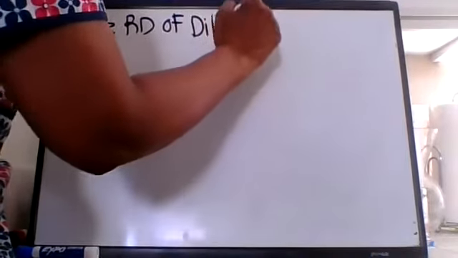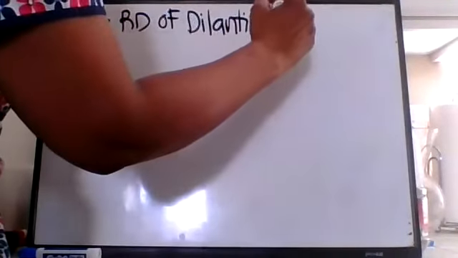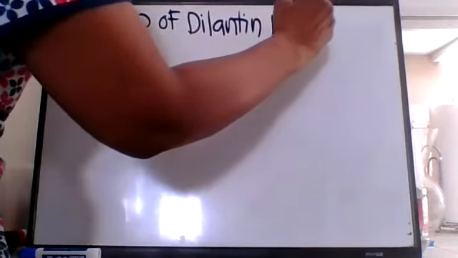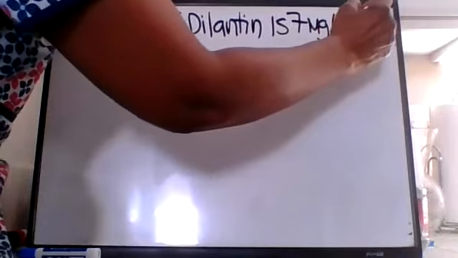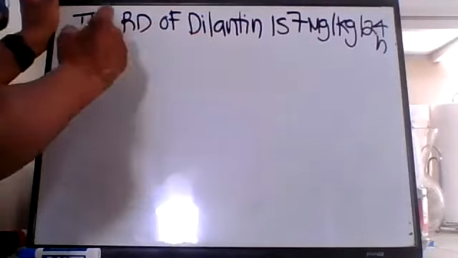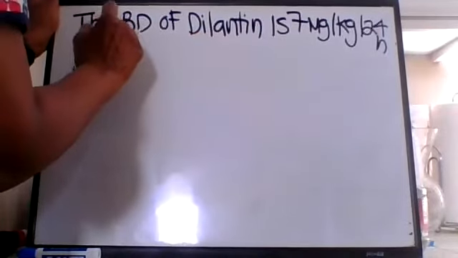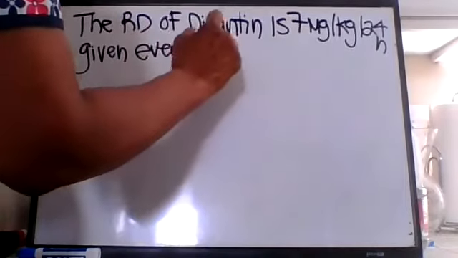It says the recommended dose of Dilantin is 7 milligrams per kilogram per 24 hours. Okay, given every 12 hours.